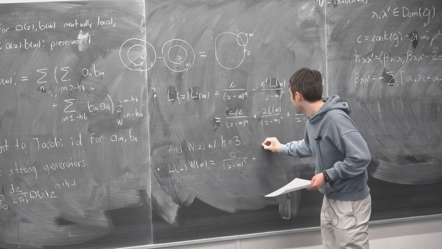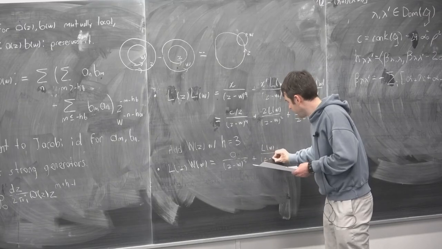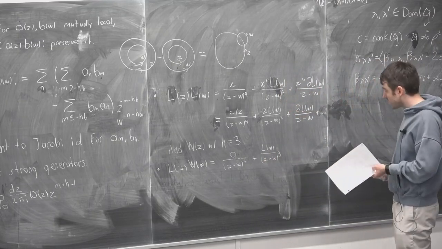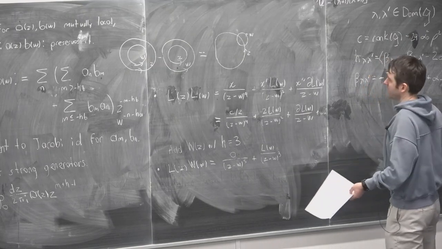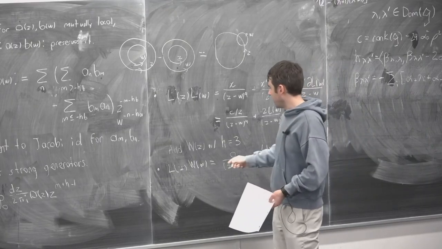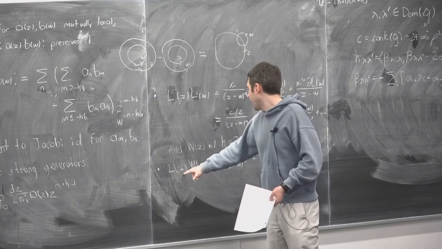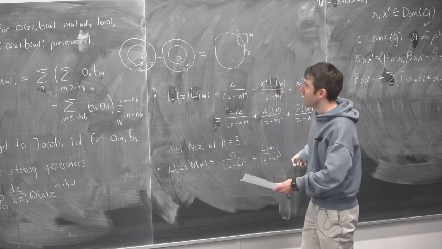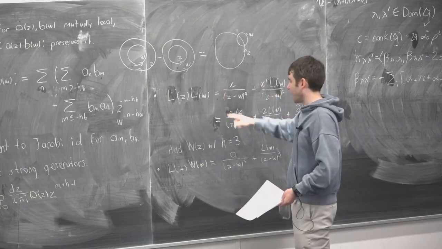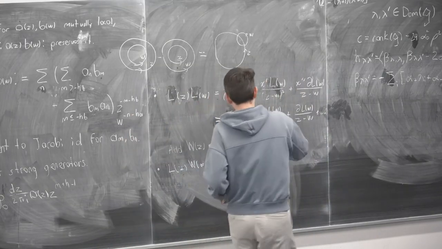Can you have something like this, for example? Z minus W cubed. Well, initially you might expect to have this, but then associativity would quickly kill it, because if L with W could produce L, then by Jacobi it looks a lot like L with L could produce W, and we already know that that's not the case. So without doing a huge amount of work, we can see that this term is absent.